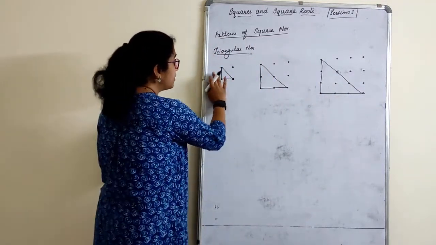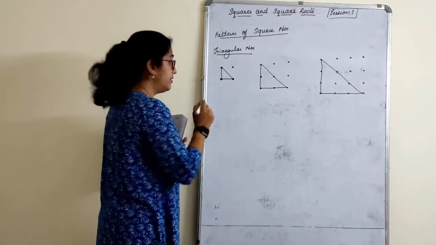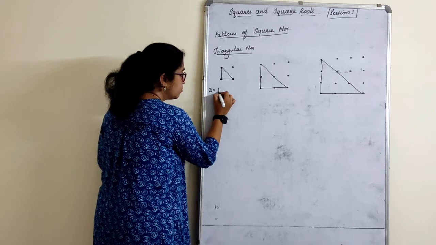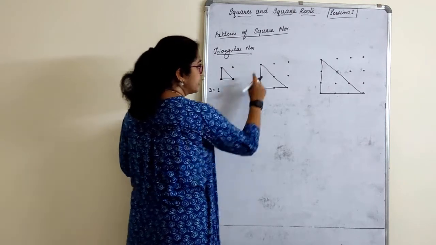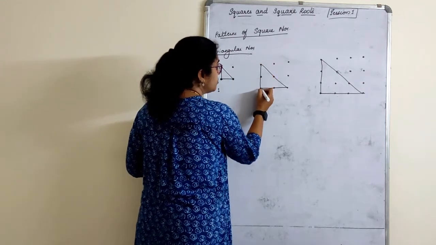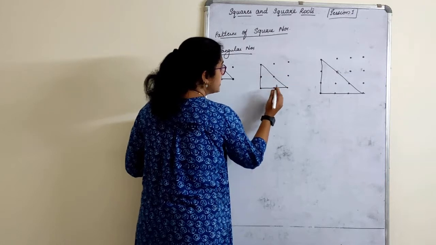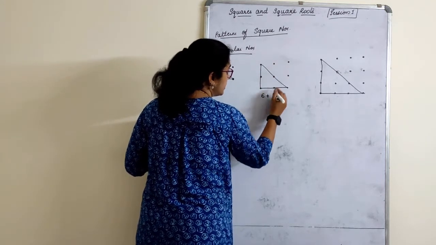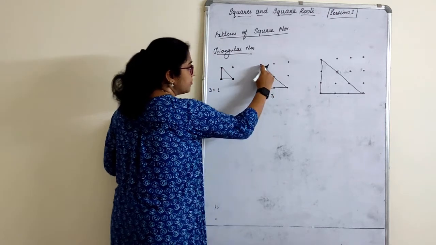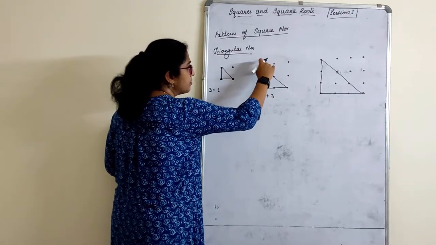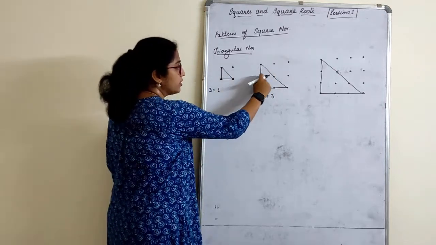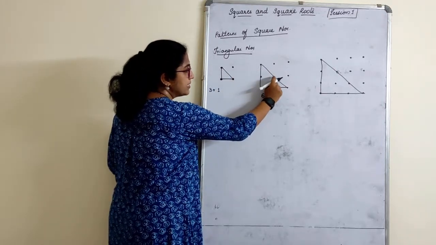Now count the number of points you have joined. Let's see. This is 3 plus 1. Left over 1. This is 1, 2, 3, 4, 5, 6. 6 plus 1, 2, 3. Children, see here. 1, 2, 3. Again, don't count 4, 5, 6. Leave the counted ones. 1, 2, 3, 4, 5, 6.